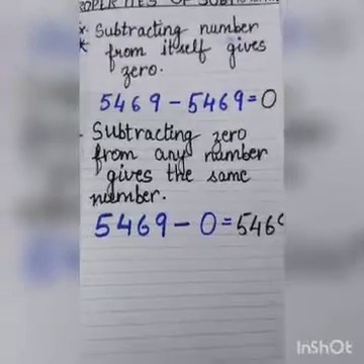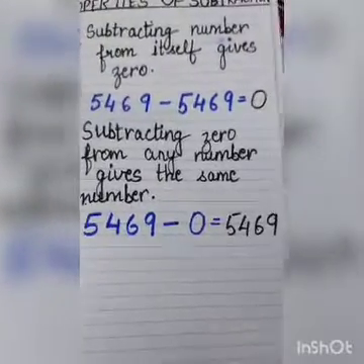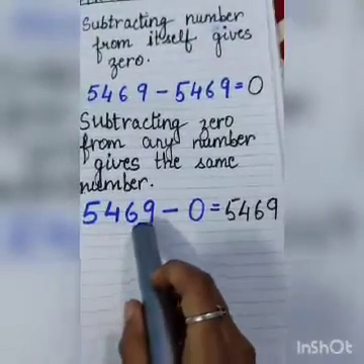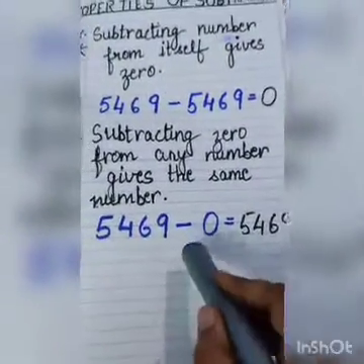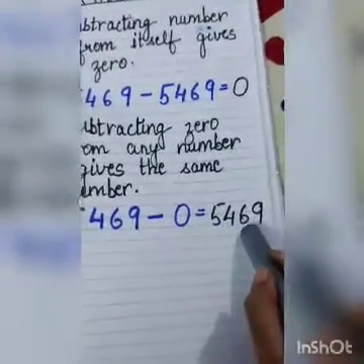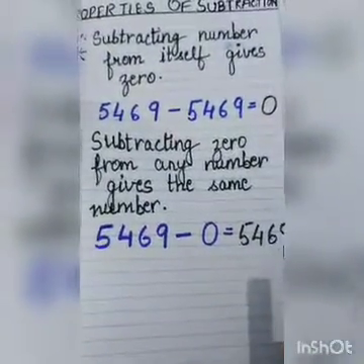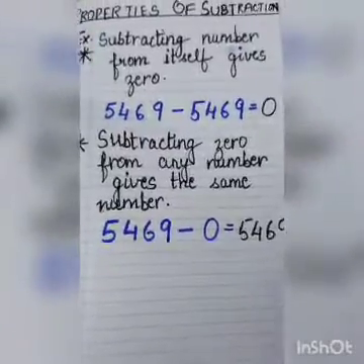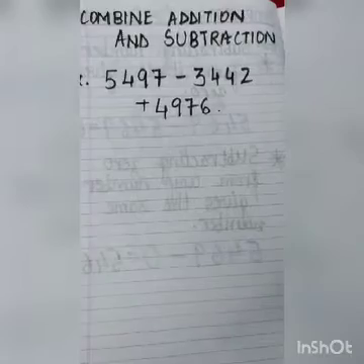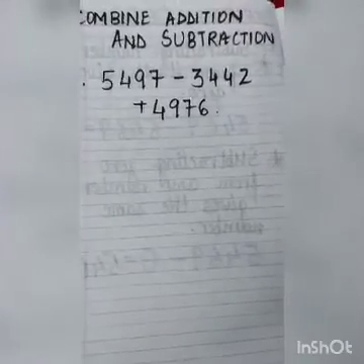That is, if we subtract 0 from 5469, we will get the same number, 5469.